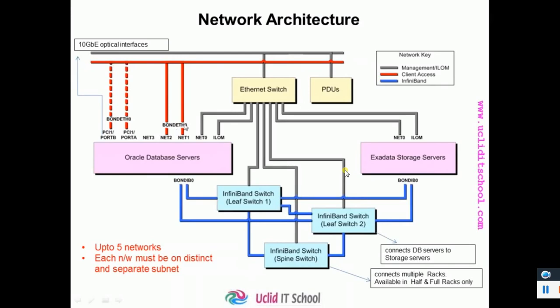Now see the client access network. The second one is client access network, which is the red one. On every database server you have many ports for client access, and the clients access only database servers. That's why on the storage server you don't have any client access network configured.